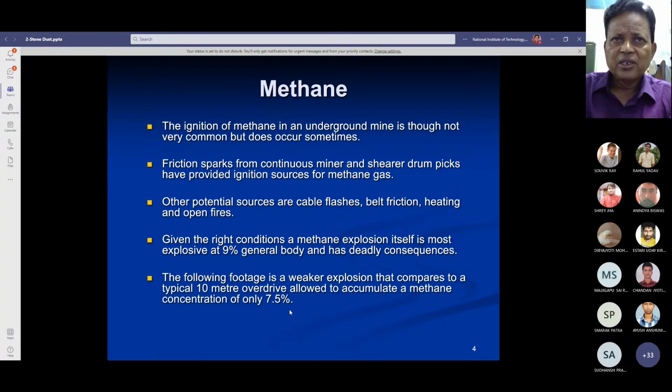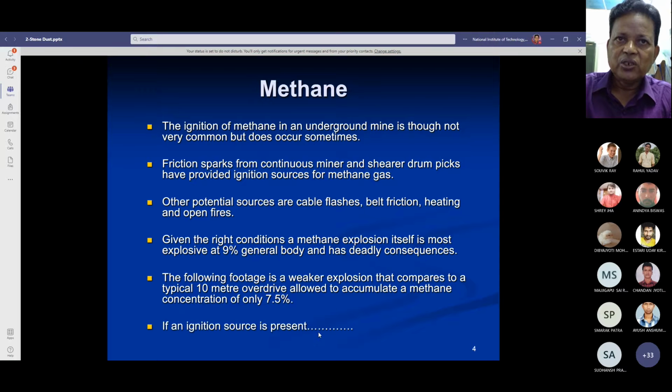The following footage is a weaker explosion that compares to a typical 10-meter overdrive allowed to accumulate a methane concentration of only 7.5%.